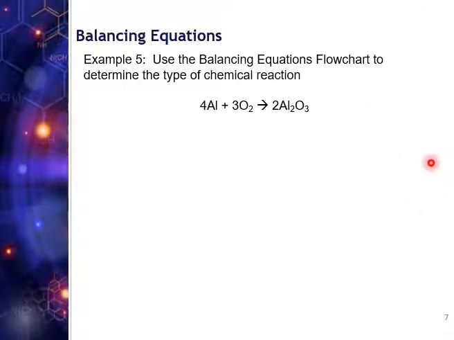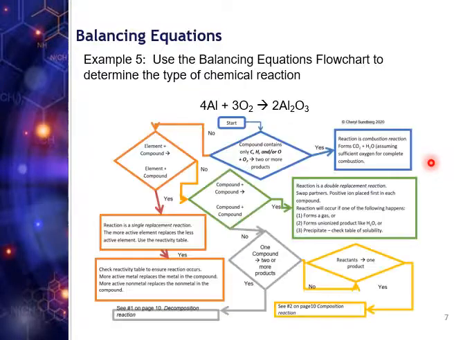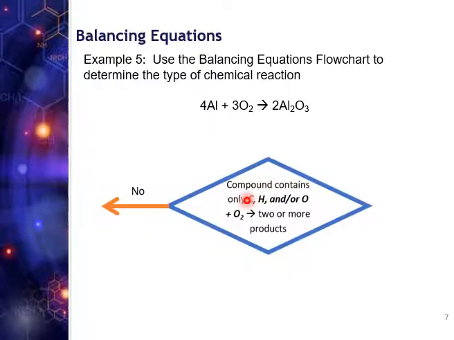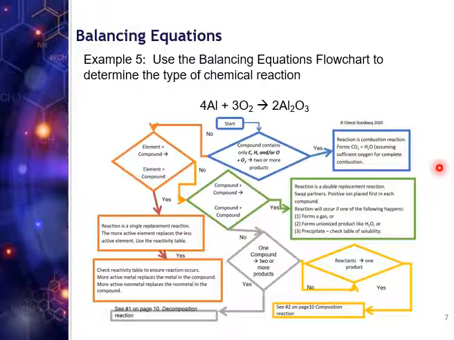Example 5. Use the balancing equations flowchart to determine the type of chemical reaction. We start here in our first decision. Do we have carbon-hydrogen compound, sometimes oxygen, plus O2, and then 2 or more products? No, there is no plus sign on the right side, the product side, so the answer is no. The next decision is right here.